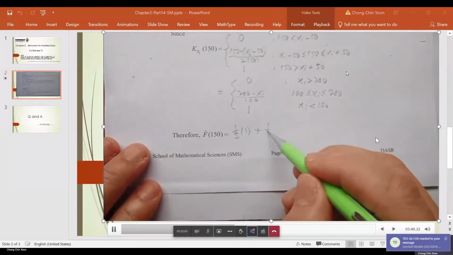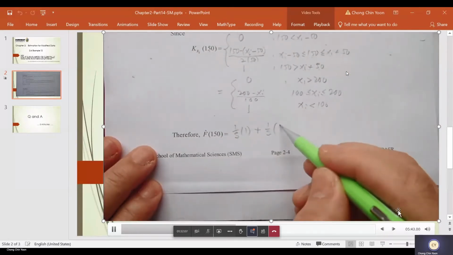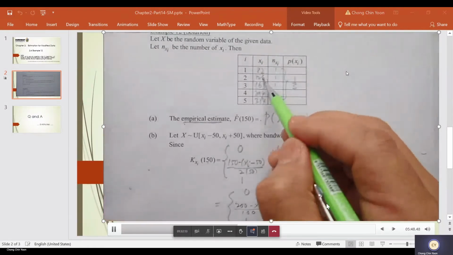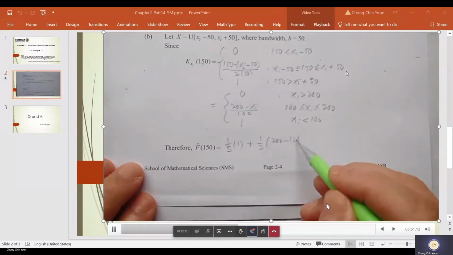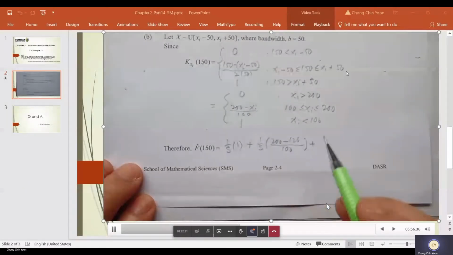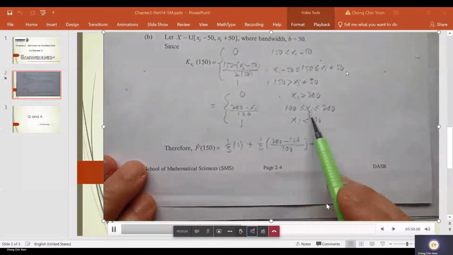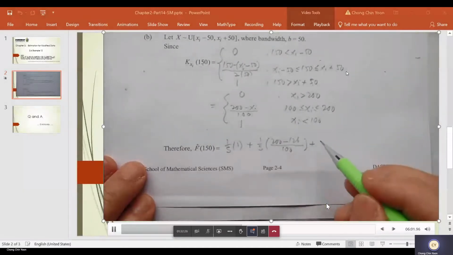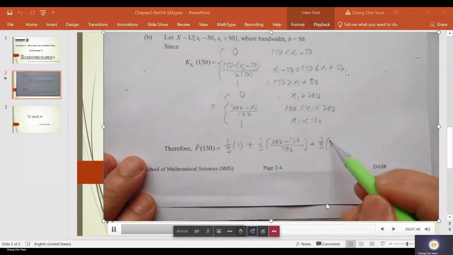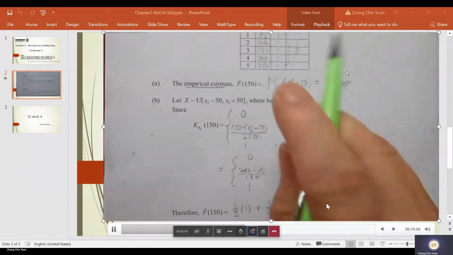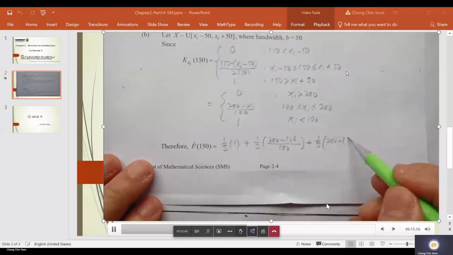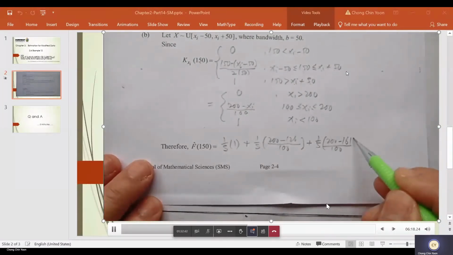So the probability times 200 minus the first observation, that is 126, divided by 100, and for the second value in this interval, the same probability times 200 minus 161 divided by 100.